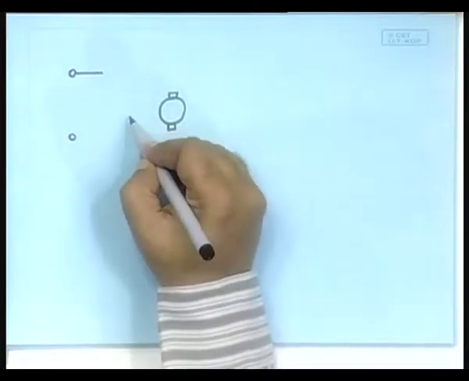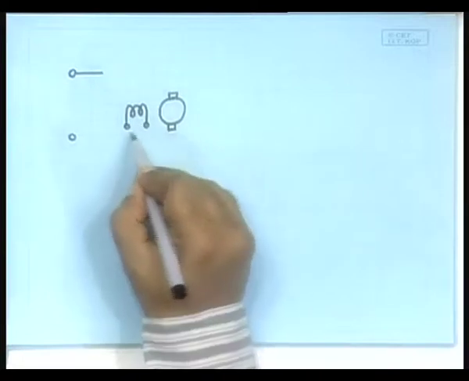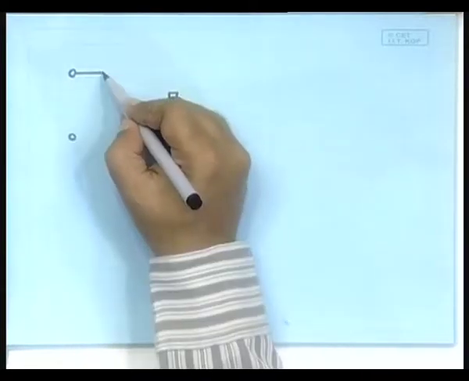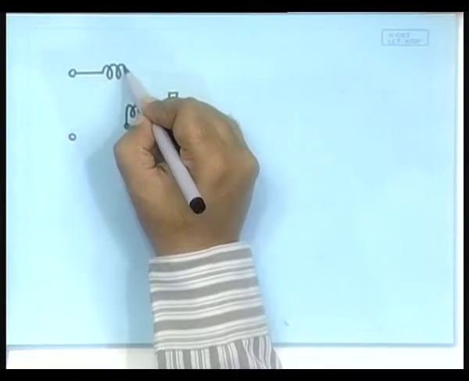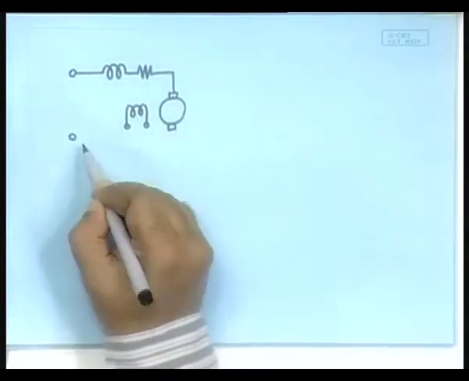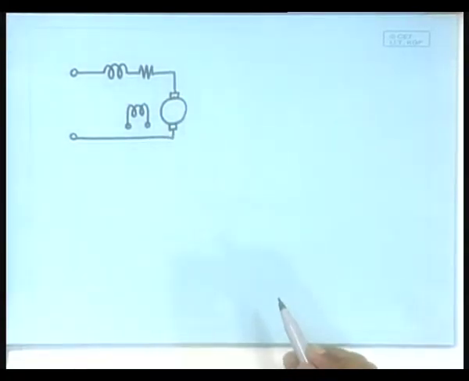Imagine that it is a constant field, it is a constant. The machine should have its armature inductance and armature resistance. Fine.